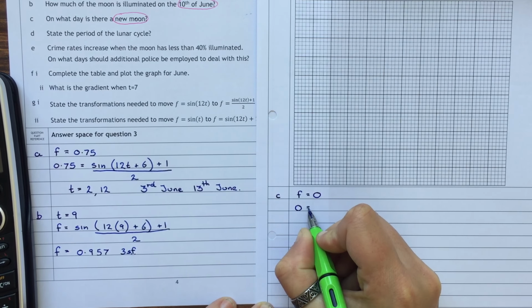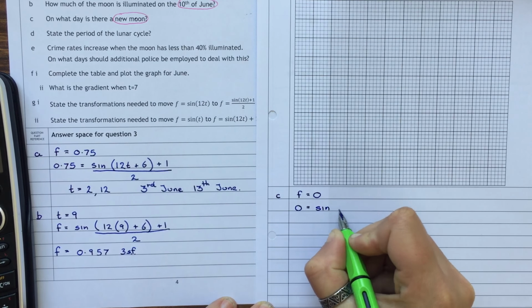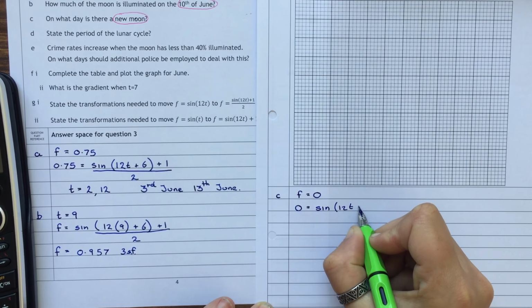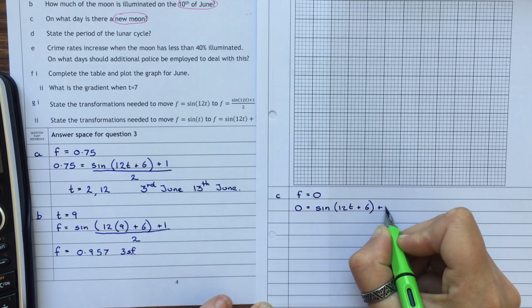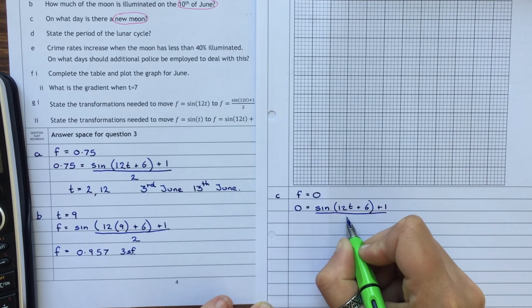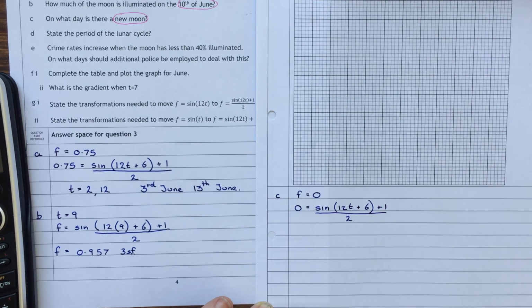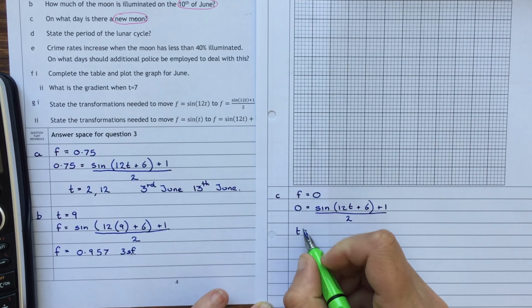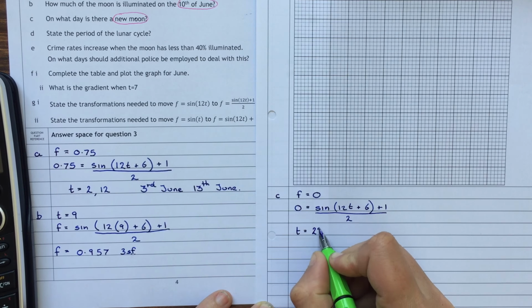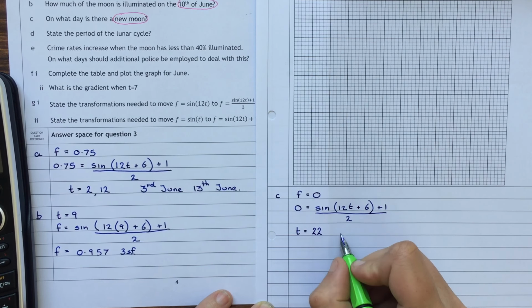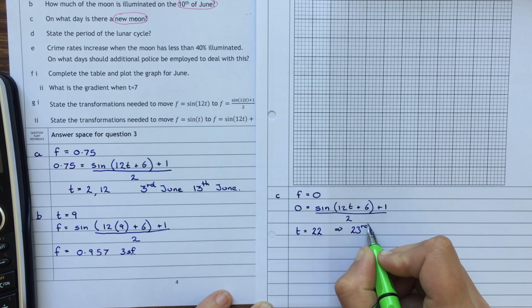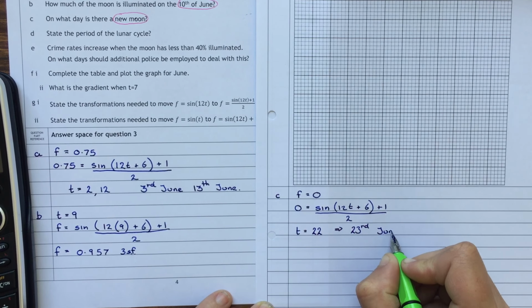So if we substitute that into our equation, we have sine 12t plus 6 plus 1 all over 2. T is 22, so that will be the 23rd of June.